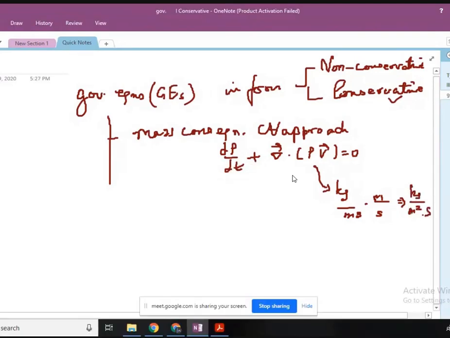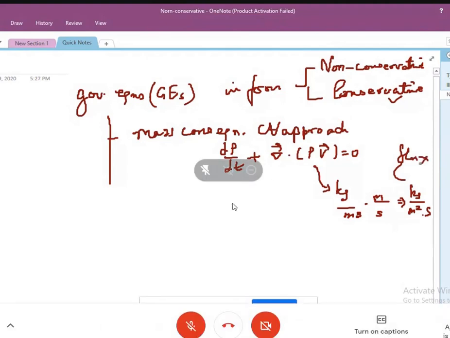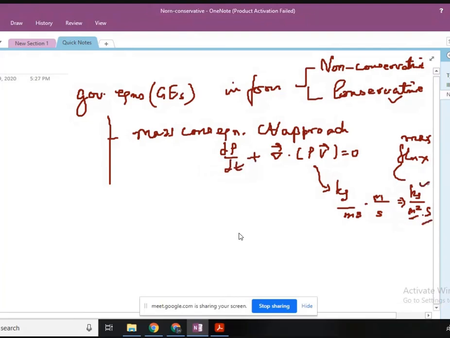A quantity which is crossing unit area over unit time is called flux, and this is representing mass flux because the quantity crossing unit area over unit time is kilogram, or mass. So this form of equation clubs the mass flux together inside a common bracket, which means you are tracking the change spatially for the mass flux. This is a conservative approach because all the quantities are clubbed together and you know what you're tracking.